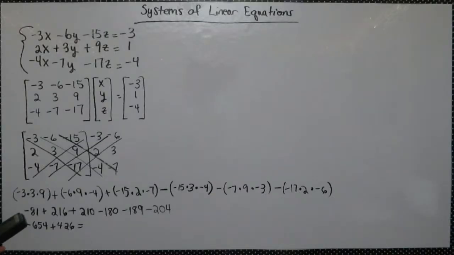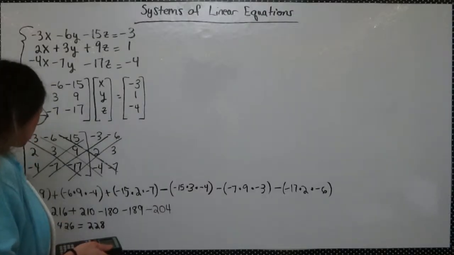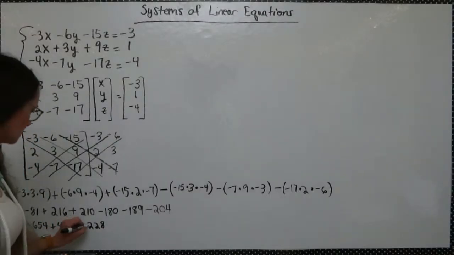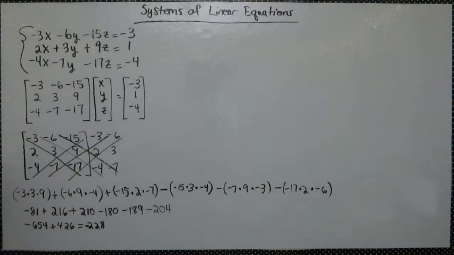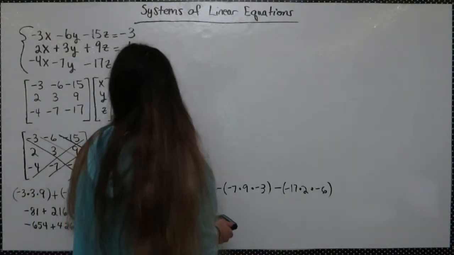And so we got 654 minus 426, and I'm getting 228. And it's negative because when the signs are different, what you're going to do is you're going to subtract and you keep the sign of the larger absolute value.